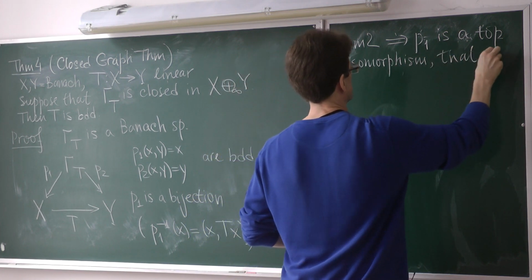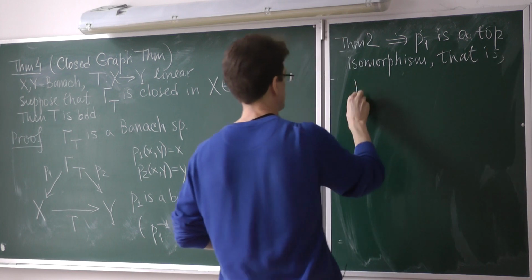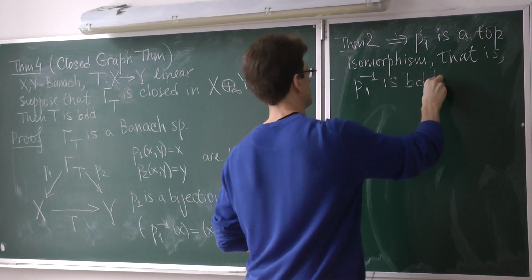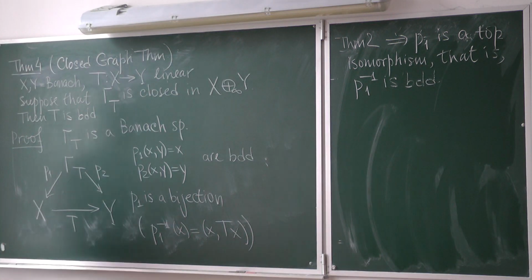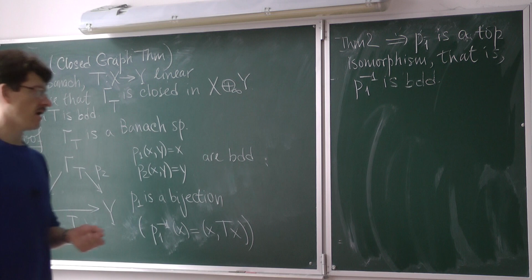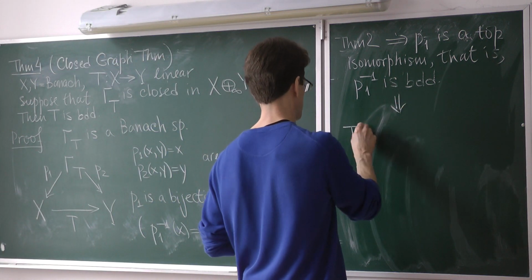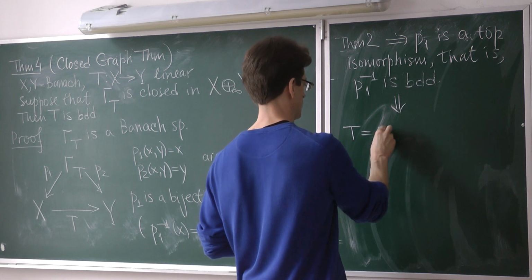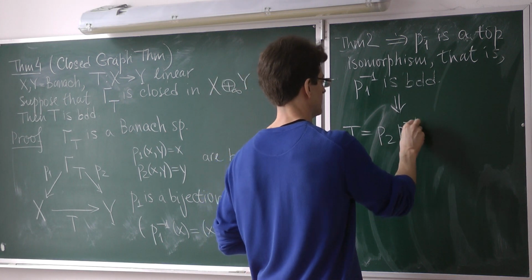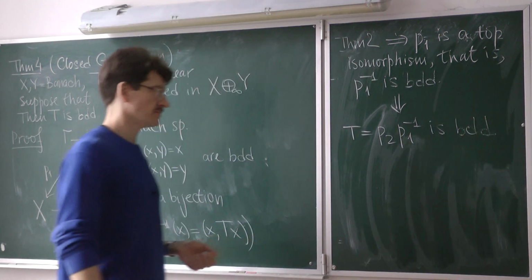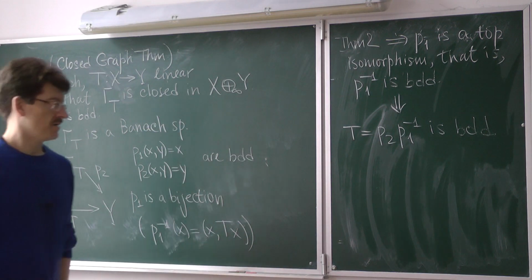So this means that the inverse map, P1 inverse, is bounded. And since the diagram is obviously commutative, we conclude that T, which is P2 composed with P1 inverse, is bounded. And this completes the proof.